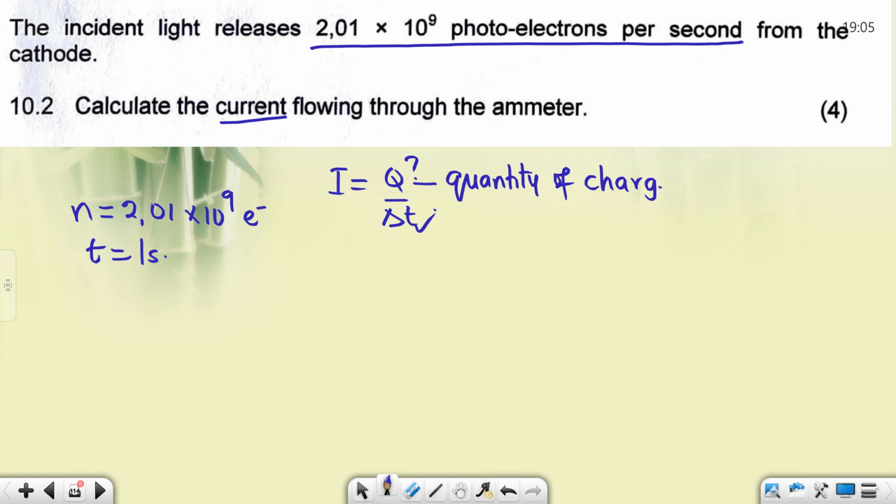So don't mistake, quantity and number are different. Now, if I use my electrostatics formula, you need to go back to your electrostatics. Guys, I want you to give me that formula. Everybody go check your formula page. There's a formula that has N, that has Q, and that has E, or somehow written as QE.